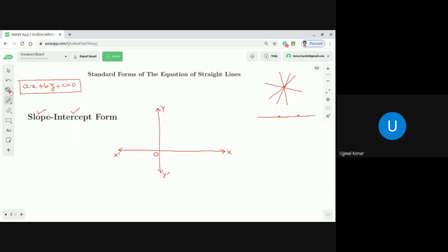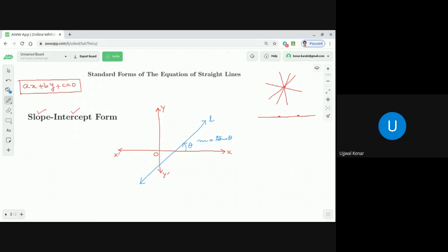In this coordinate axis, we have some straight line, something like this, L. Now, what is slope? As you know, slope or gradient is nothing but tan theta. That means m is the slope. If you recall, m is equal to tan theta.